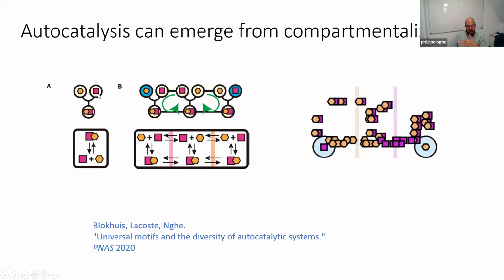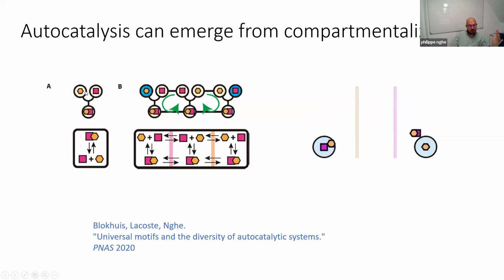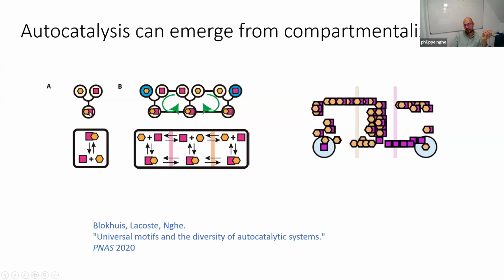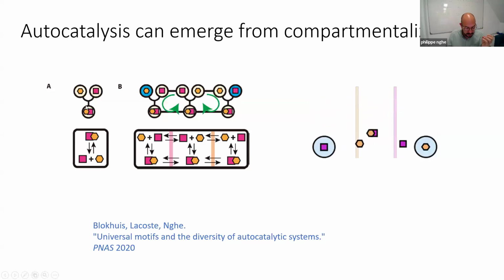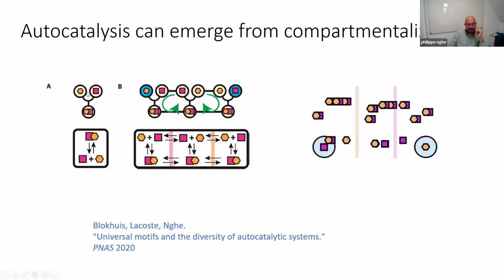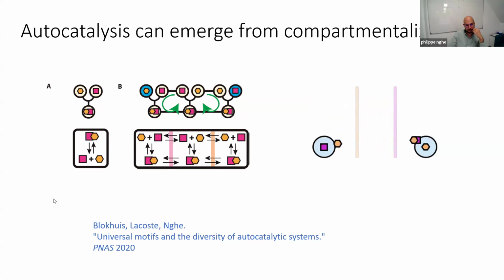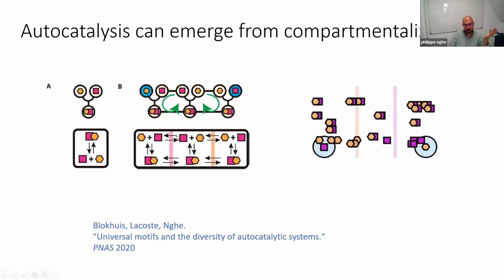Well, maybe you can find that in nature, but imagine on panel A, you have a very simple bimolecular reaction, where 2 components, the orange and the pink one, are attached by a covalent bond, could be any molecule, and there is a reaction that leads to break them apart. And this reaction in a compartment is very banal and is not doing autocatalysis at all.